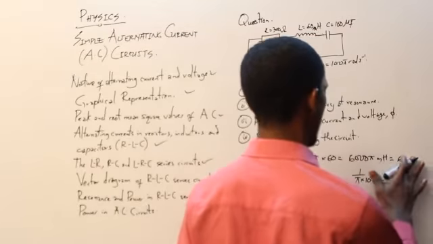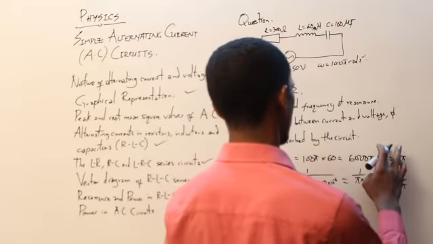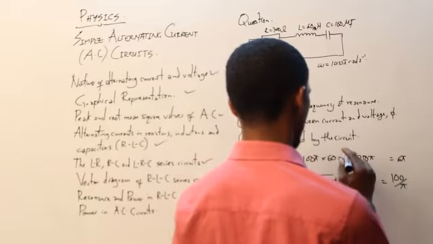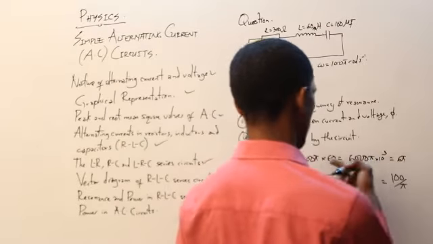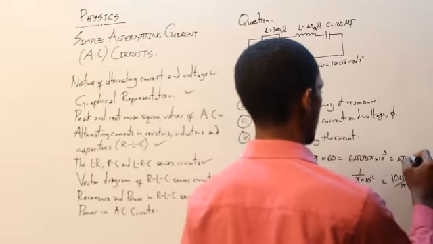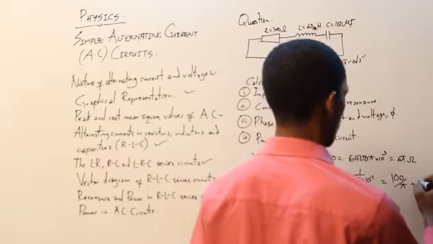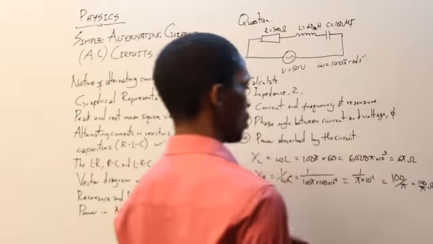Of course, our answer here is not in henries anymore. Just here, I was considering times 10 raised to the power minus 3 because of the milli. So this is our reactance in ohms, 100 over pi ohms.